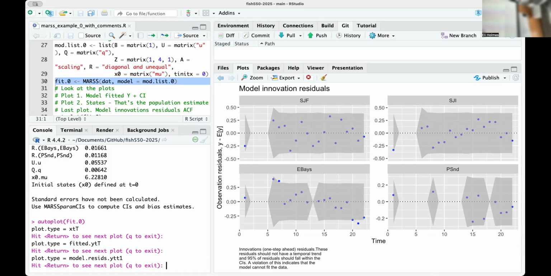It gives you a clue here: 95% of your residuals should fall within these points. Why is it collapsing here like this? It doesn't have confidence intervals when there's no data. So there's nothing alarming about it looking like that. It's just that there was no data.